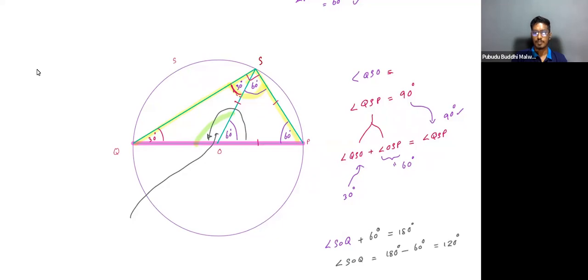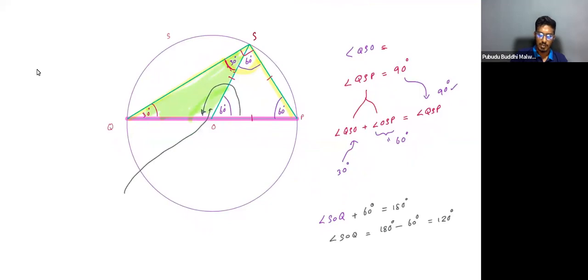Or there's another method, without using that line, you can actually use this triangle, the QSO triangle, because we know the sum of interior angles of a triangle equals 180. Hence, 30 plus 30 plus the required angle SOQ equals 180.